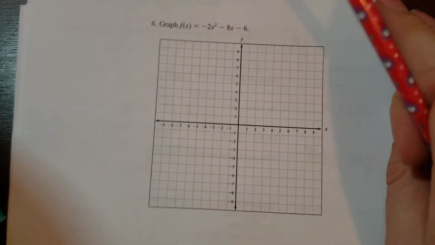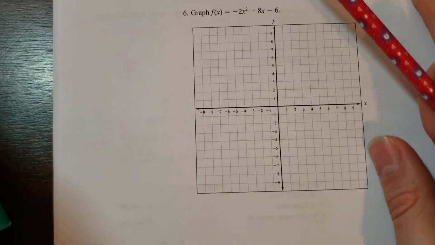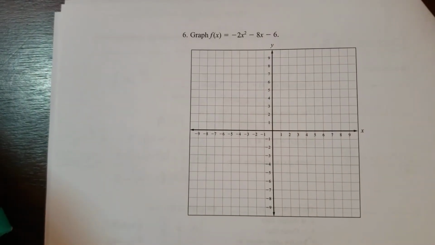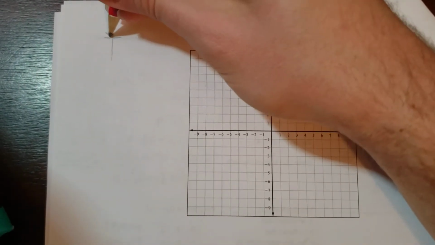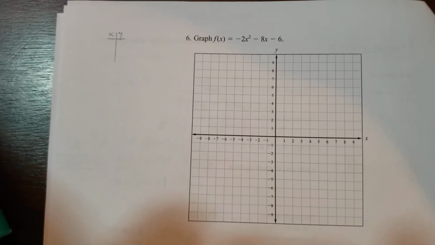Now, number 6. Again, please do this. This one is kind of a beast. But it's important to know how to do this because you will be tested on whether or not you can do this. What you can do is sketch out a T-chart and do your best.